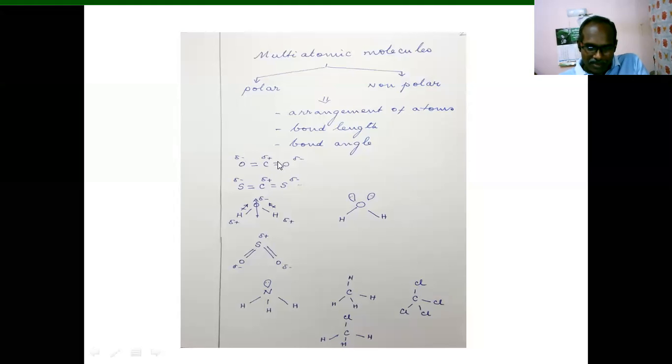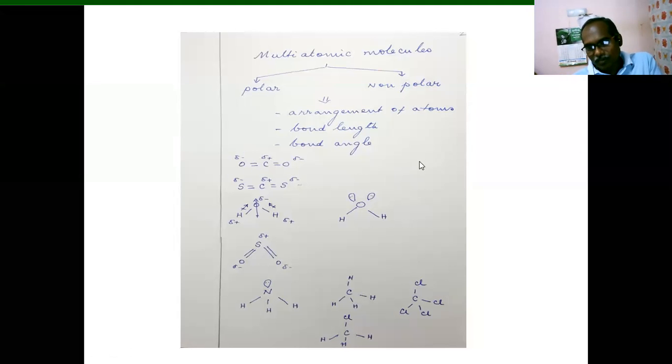Therefore, the shared pair of electrons between the carbon and the oxygen are attracted more towards oxygen. Therefore, the electron density is shifted towards oxygen. So this oxygen possesses a partial negative charge, and the carbon possesses a partial positive charge. And this oxygen also possesses a partial negative charge.